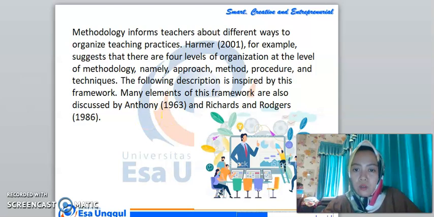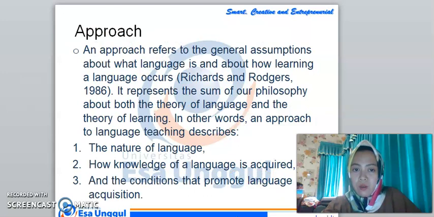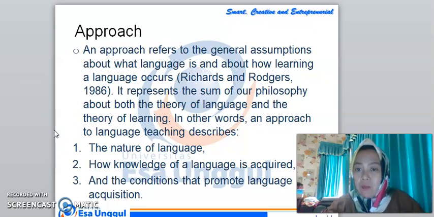Well, let's start to find out about the approach. So what is approach? Approach refers to the general assumption about what language is and about how learning a language occurs. It represents the sum of our philosophy about both the theory of language and the theory of learning.